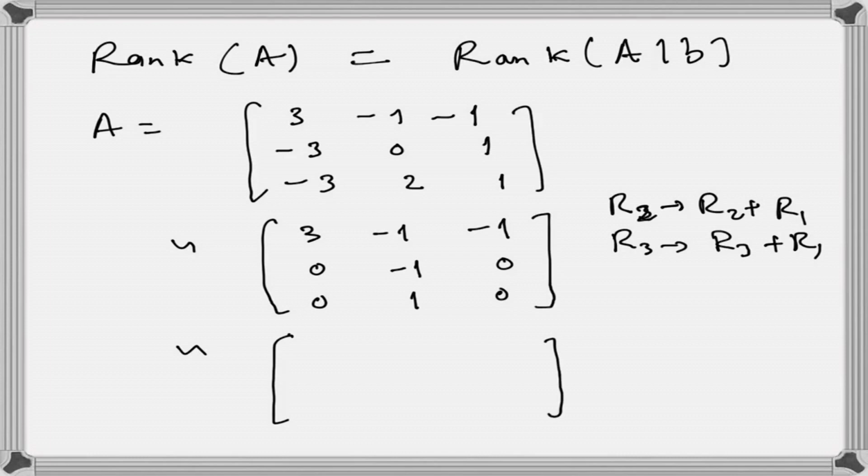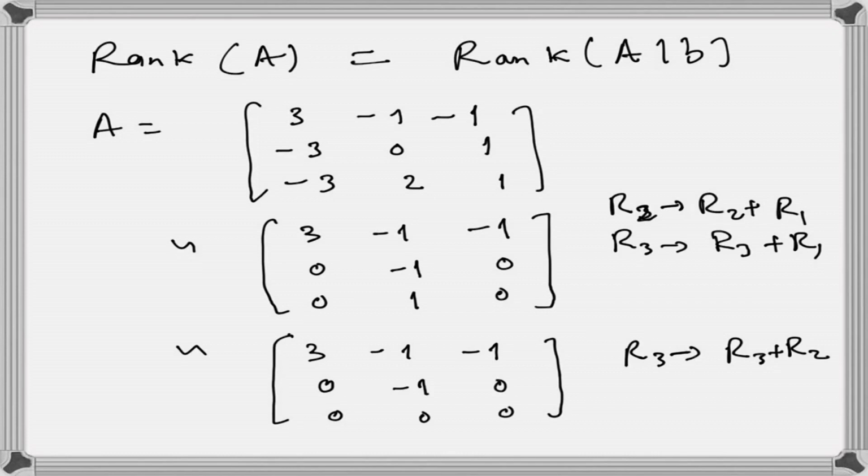Here we'll use R3 as R3 plus R2. Then we'll have 3 minus 1 minus 1, 0 minus 1 0, and 0 0 0.